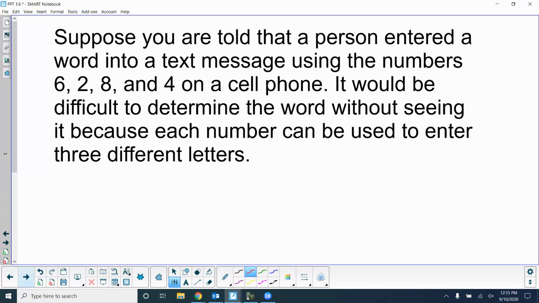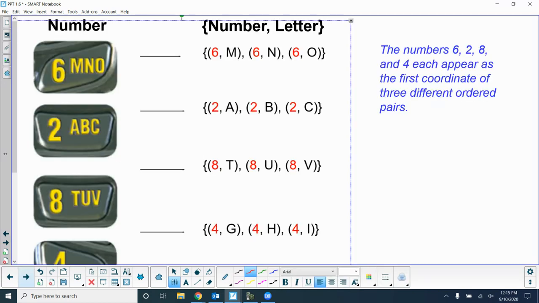Suppose you're told, this is an old time cell phone. Suppose you're told that a person entered a word into a text message using the numbers 6, 2, 8, and 4 on a cell phone. It would be difficult to determine the word without seeing it because each number can be used to enter 3 different letters. Okay, back when the cell phones first came out, you didn't have a keyboard.